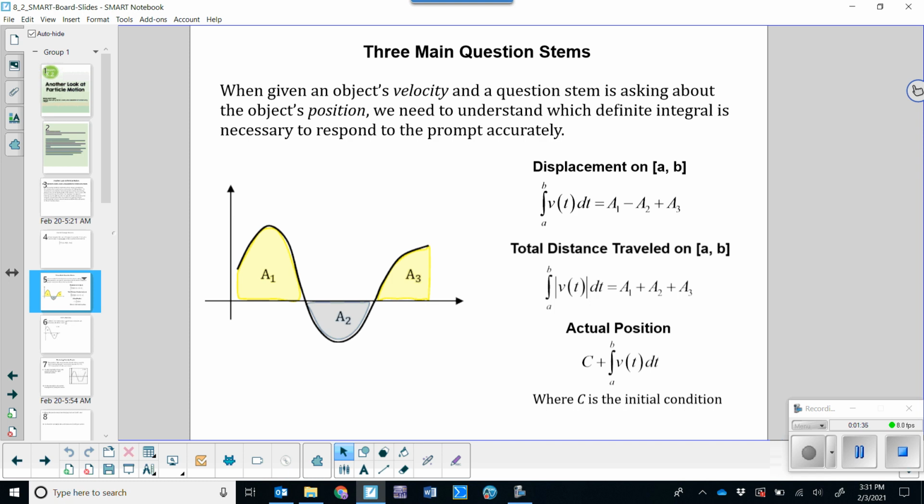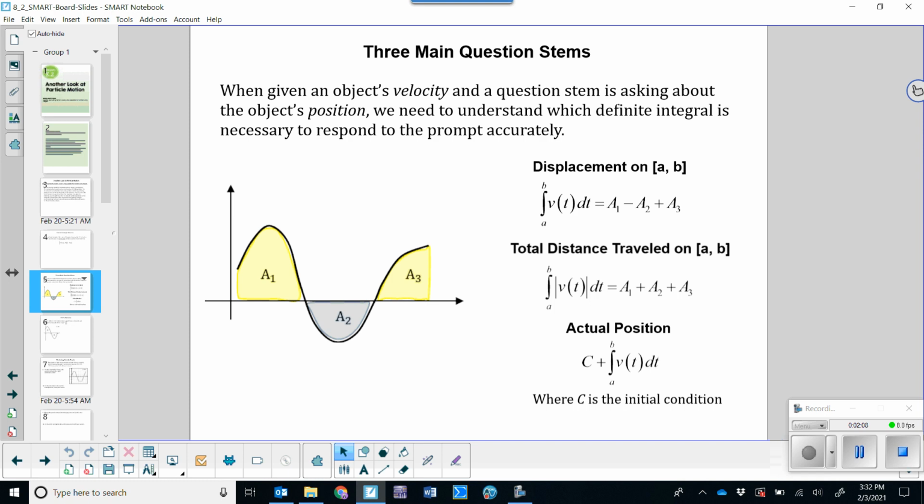Now, this part that's at the bottom of the front page of your notes, and there's also a little example there, I would strongly suggest that you take a picture or make a scan of that and actually make a page about particle motion, and put that whole thing right there, because that's a very good synopsis for you about what happens if you're given velocity, and then they're asking you about displacement, distance traveled, or actual position.